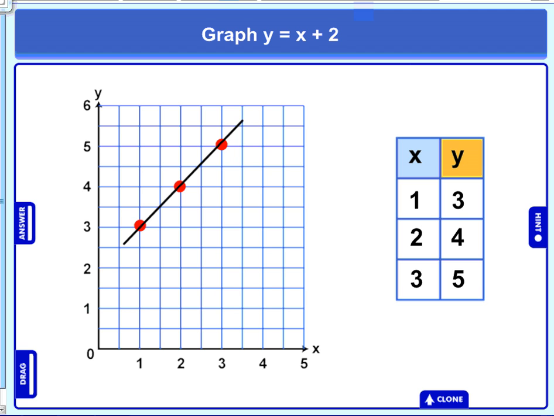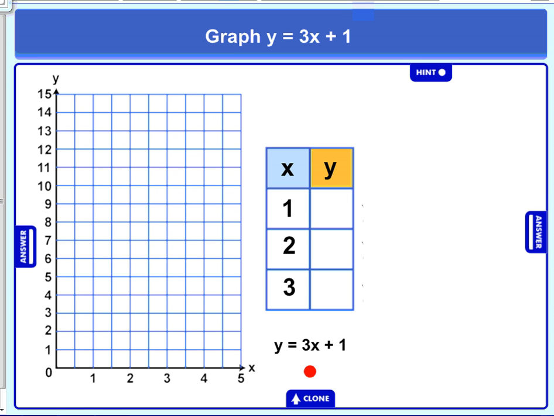All right, so you can use the same method to solve other examples. So for example, it says graph y equals 3x plus 1. Okay, we're going to use the table. So we have 3x plus 1. I'm just choosing 1, 2, and 3, which is pretty basic. Okay, so if I were to plug 1 in for x, we would have 3 times 1 plus 1, which would be 4.